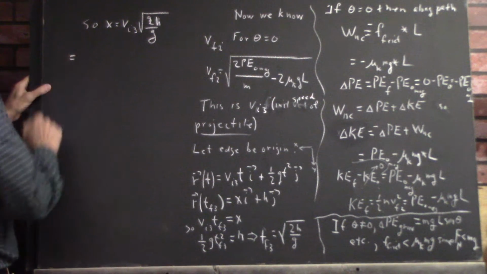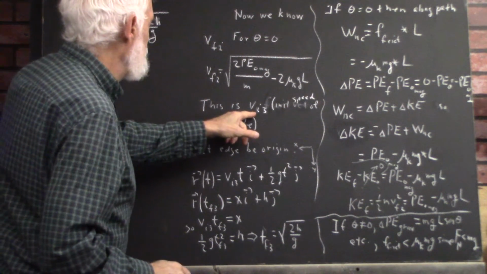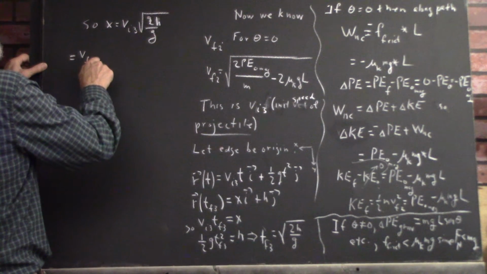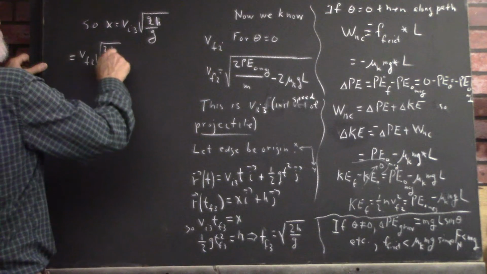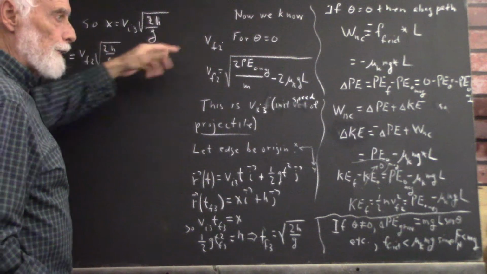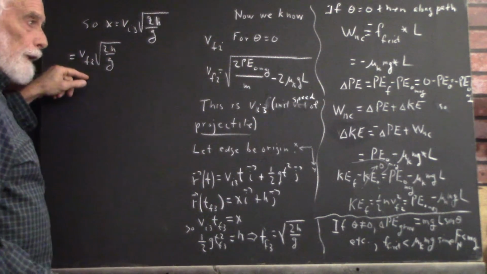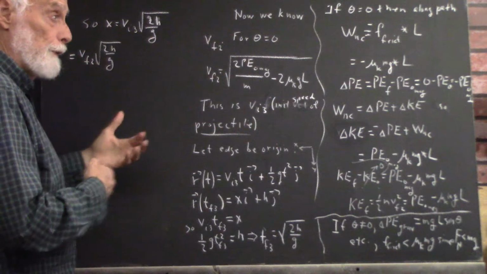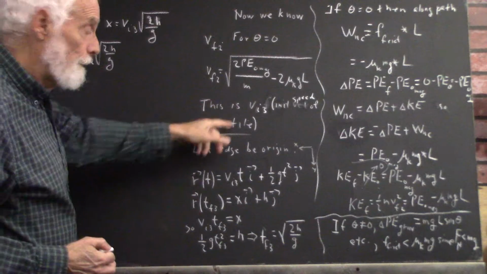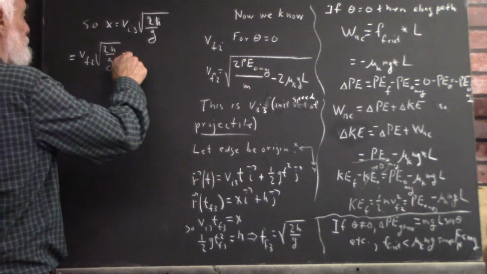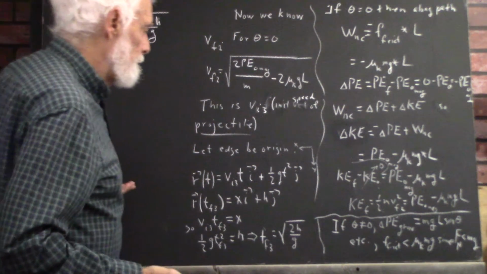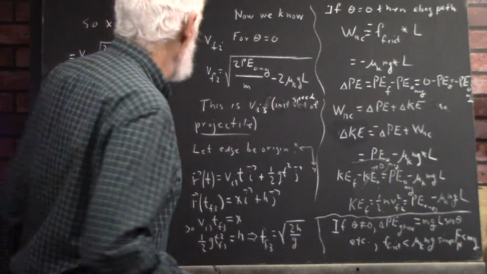Well, that equals what? VI3 is VF2. And these aren't just symbols. I mean, what's this mean? This is your initial velocity for the projectile. This is your final velocity for stage 2, or phase 2. Okay? And that's noted here. I don't have room to write it there. This is equal then, well, there's VF2.